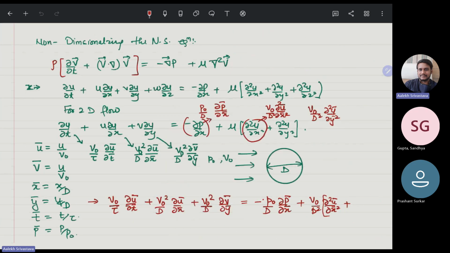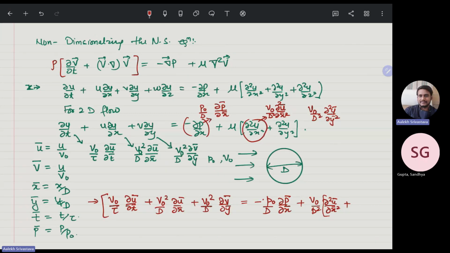Now this term is multiplied with rho, and this is del u bar by del y bar square, and here we have mu. So simply if we divide by rho and take out every term, here it is d square, so we will send 1 by d here.